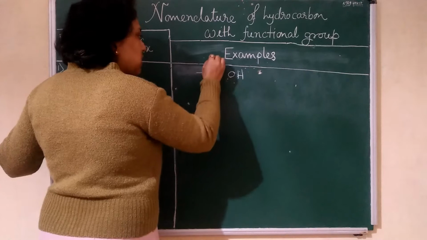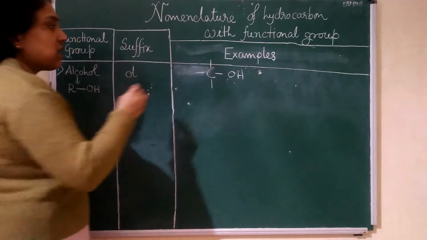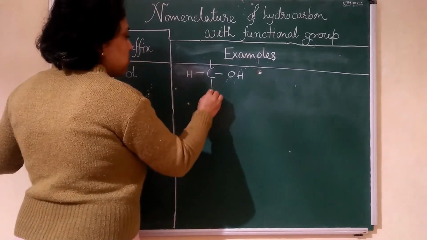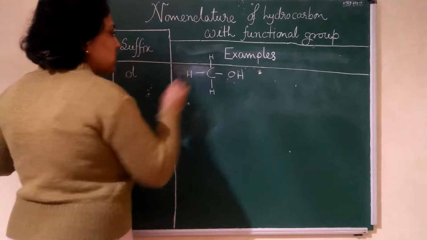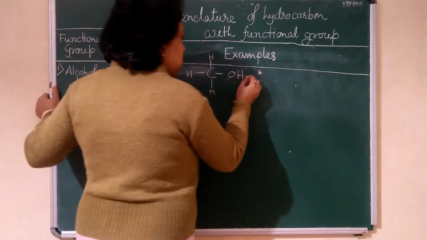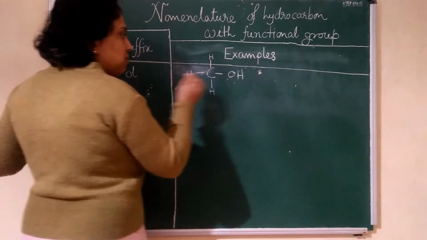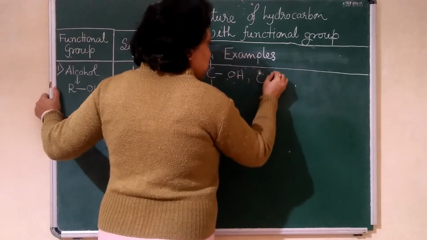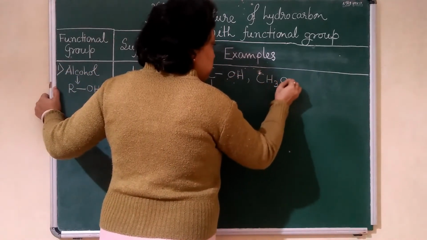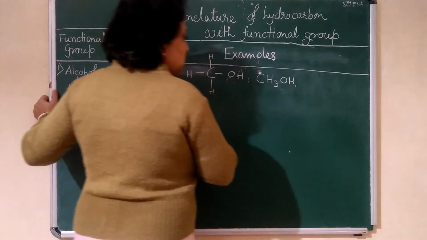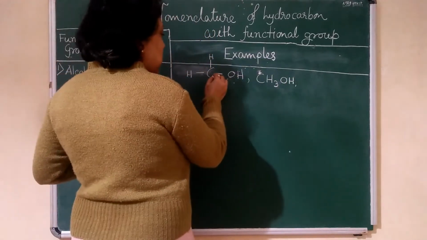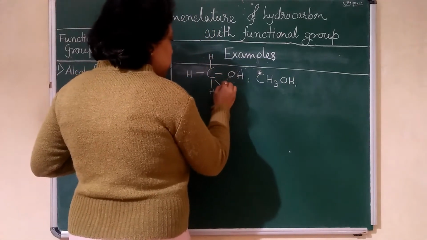Carbon has 4 hands, so the 4 hands have to be satisfied first. This is a structural formula. The condensed formula will be CH3OH. The name is, see, one carbon, so the root is meth.